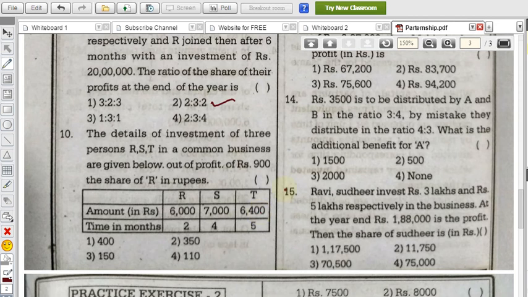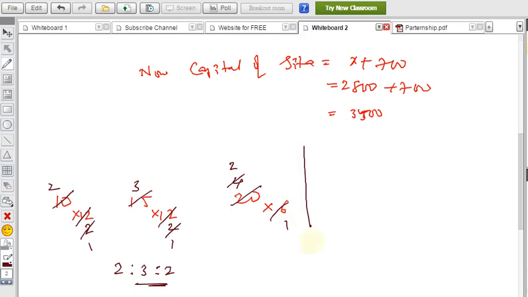Then after getting the ratio, out of the profit of 900, only R's share we need. Amount and time period you have to multiply. So after multiplying the result is 6000 into 2, 7000 into 4, 6400 into 5.